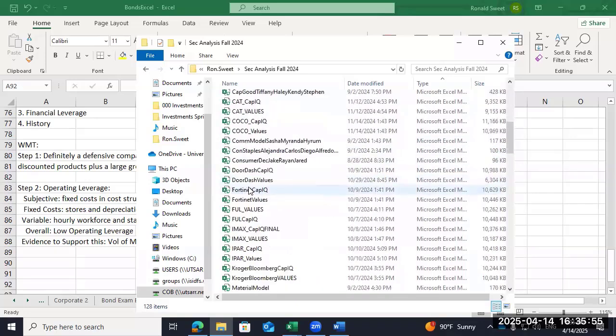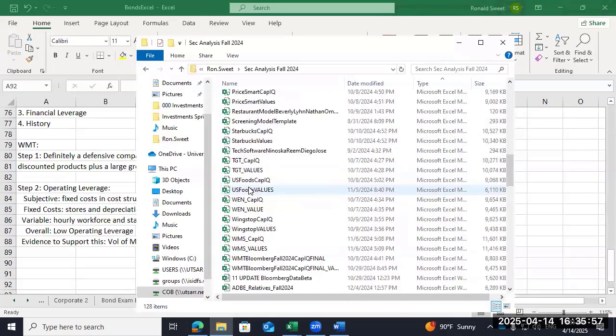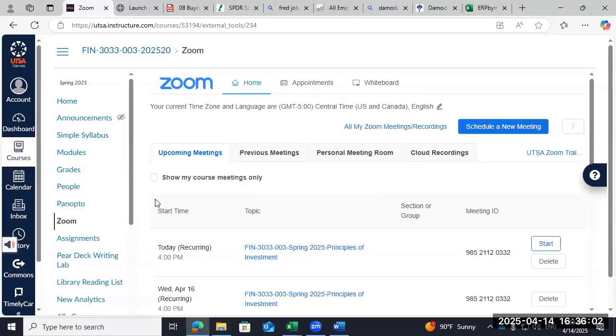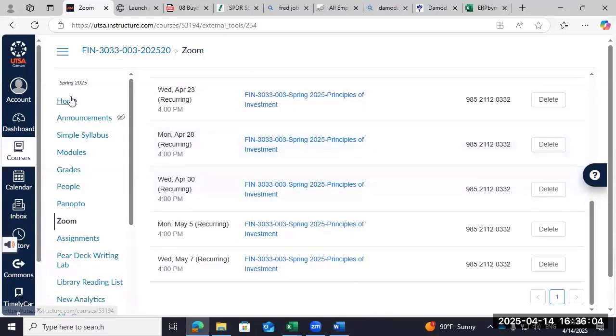I have it out there somewhere. I'll have to find it. I don't think I put it on Canvas yet because I thought I could update it.